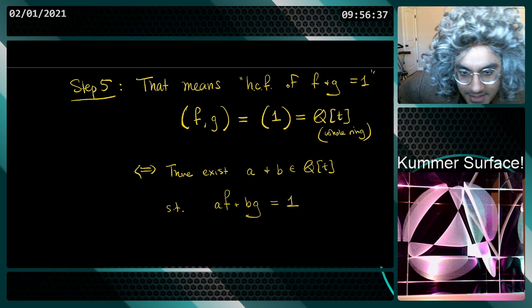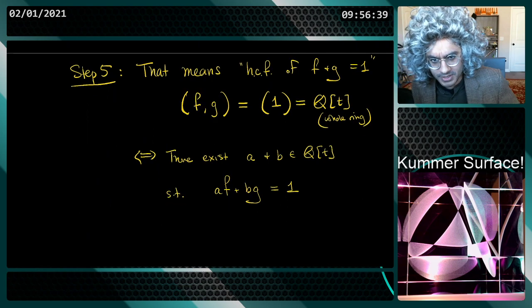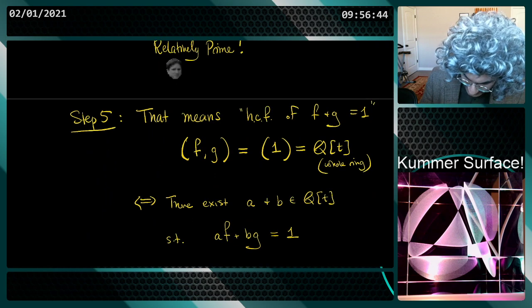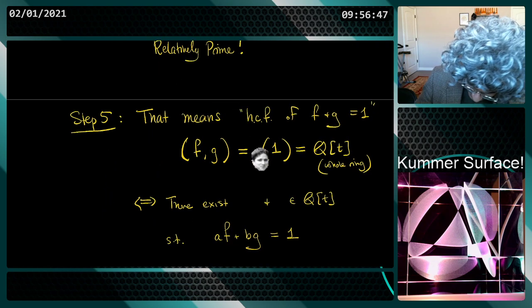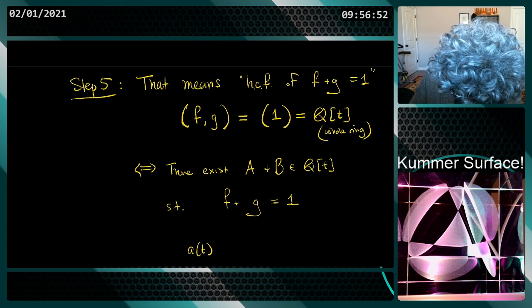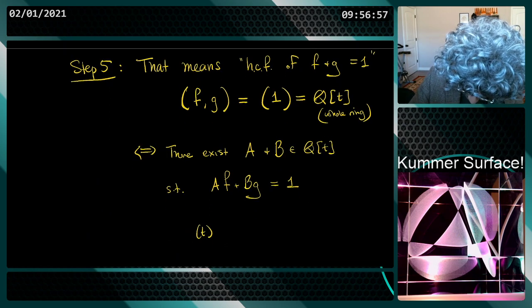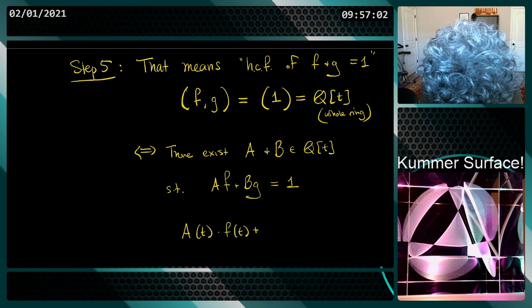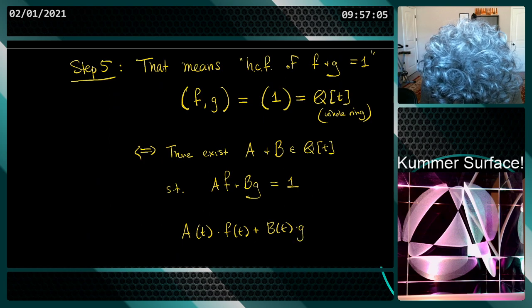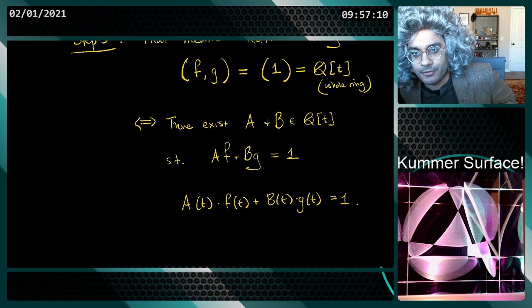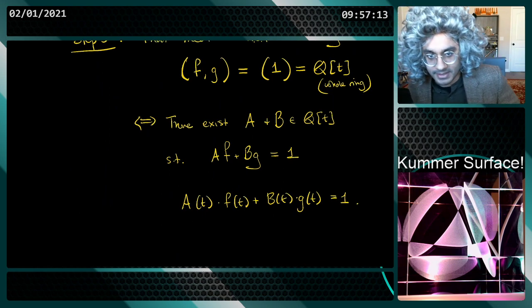And now all I'm going to do is write out the variables. Maybe I shouldn't call it a and b; capital A and capital B. And now what I'm going to do is plug in t equals alpha into this thing.